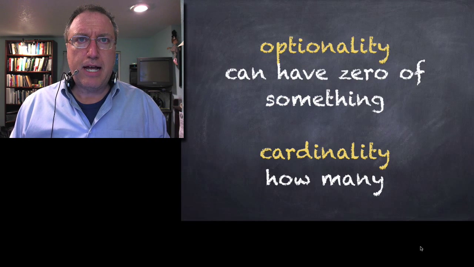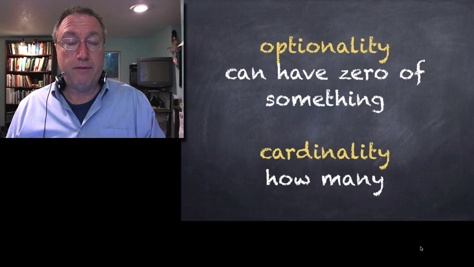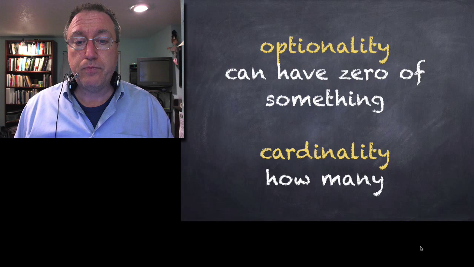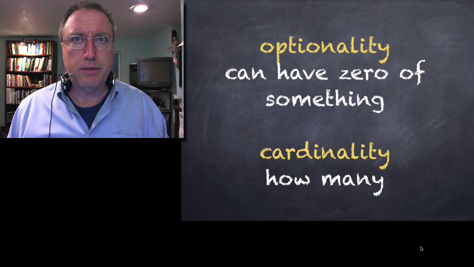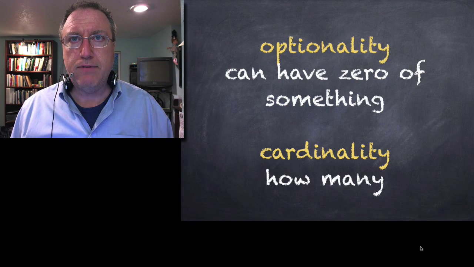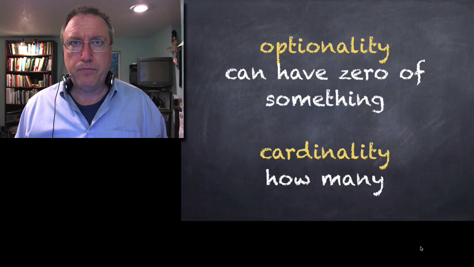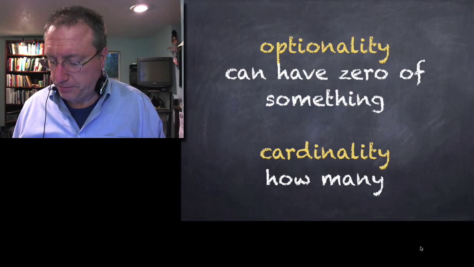So if something is optional, I can have 0 of them, or I can have 1 of them, or I can have many. It doesn't really matter. Now the cardinality is where that number becomes important. The cardinality is just a fancy way of saying how many of these entities are we talking about? Is there 1 of these entities, or are there more?